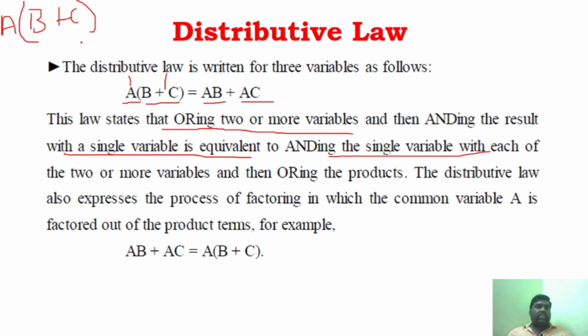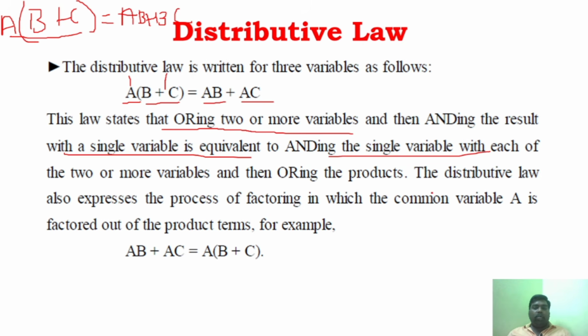If you do this, then that will be equivalent to the product of the single variable with each of the other two variables, that is AB plus AC. That is the distributive law. ORing two or more variables and then ANDing the result with a single variable is equivalent to ANDing the single variable with each of the two variables. So that is called the distributive law.